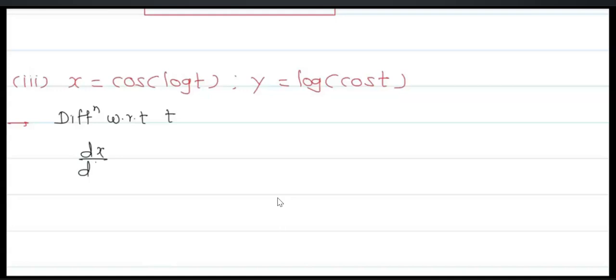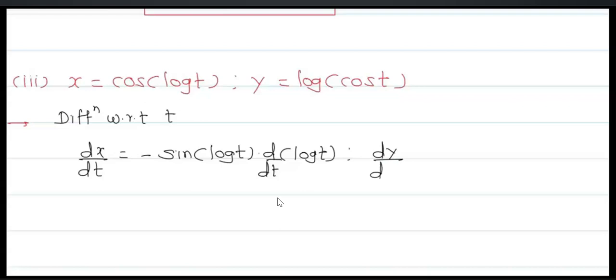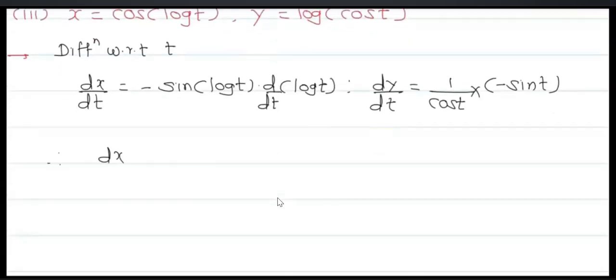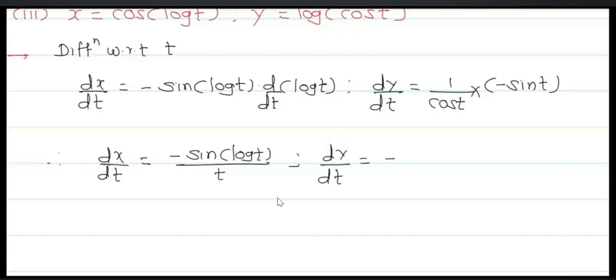Now differentiate this with respect to t. dx upon dt is equal to minus sine of log t into the derivative of log t. dy by dt is equal to 1 upon cos t into the derivative of cos t, which is minus sine t. Therefore, dx upon dt is equal to minus sine of log t upon t.